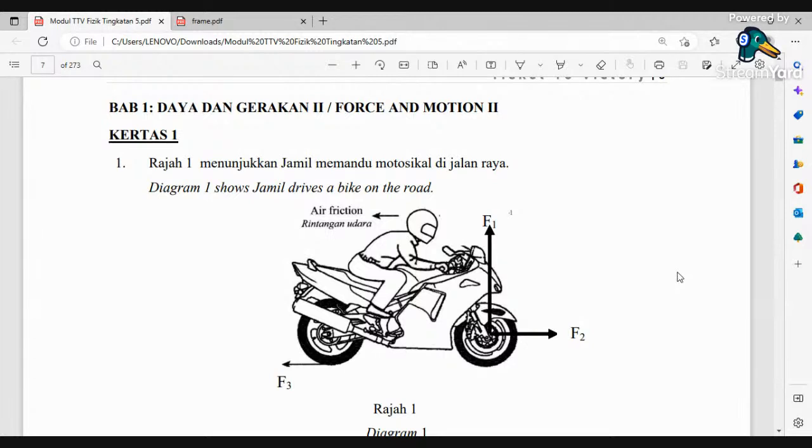Number 1. Diagram 1 shows Jamil drives a bike on the road.